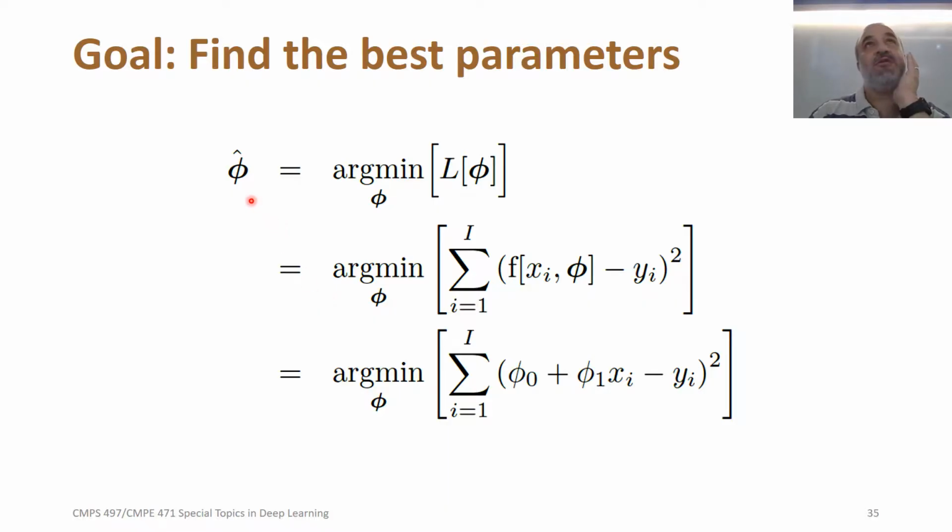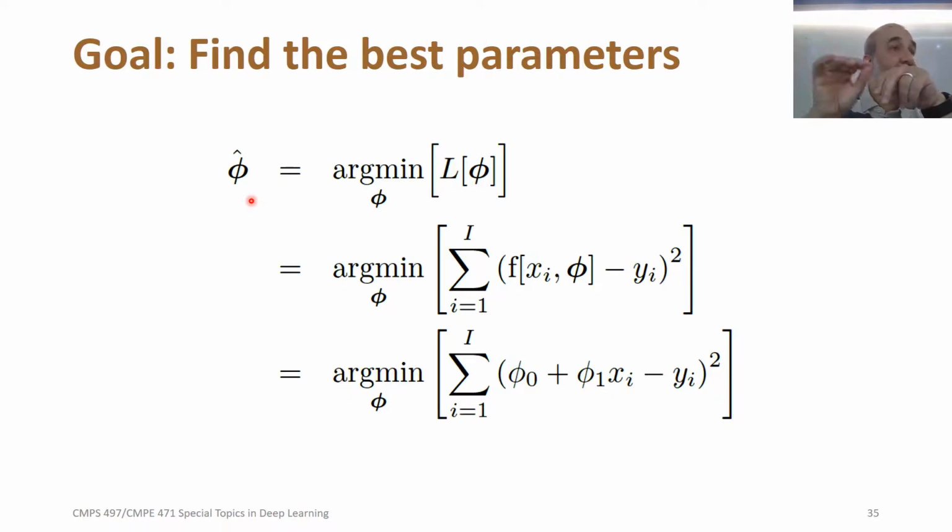I mean, not the minimum values of the parameters, the values of the parameters that make the loss function minimum. There is a difference, by the way. It's not about minimizing the parameters. We are not minimizing the values of the parameters. We are trying to find the values of the parameters, whatever they are, that minimize the loss function. We want to minimize the loss. We want to minimize the error. Okay, so we are trying to find the parameters that will do that.